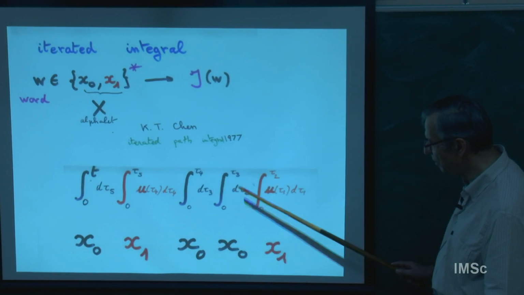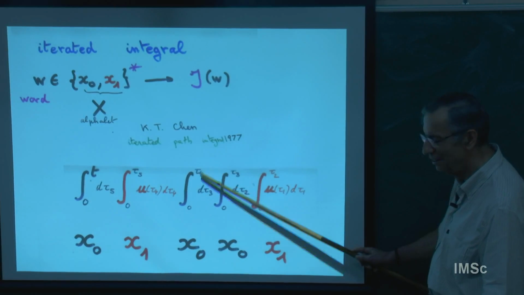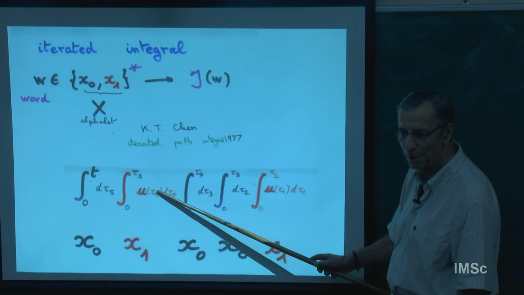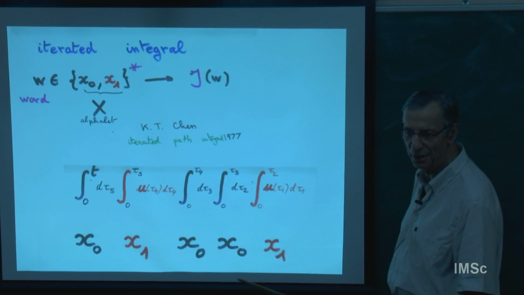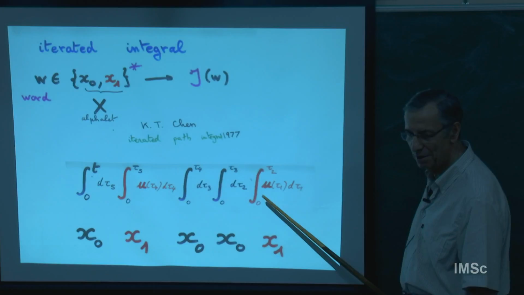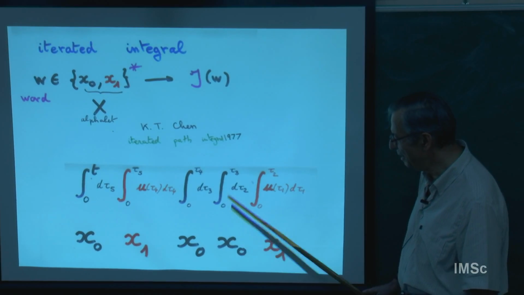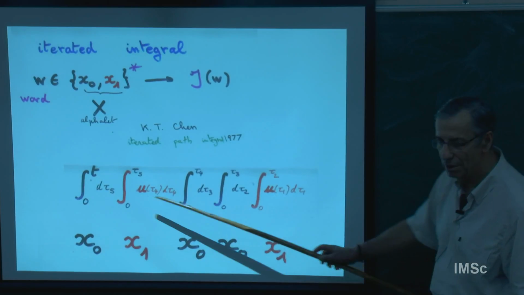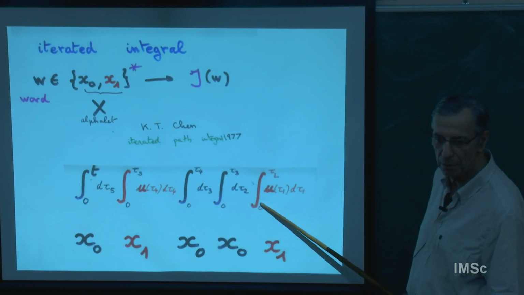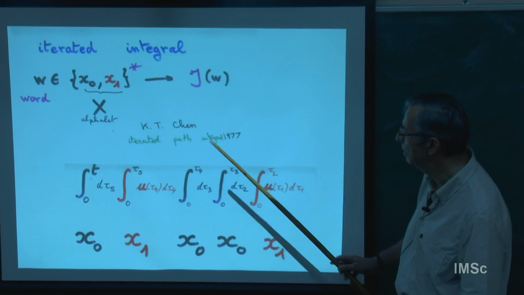Each time I have x0, I just integrate. Integrate, x1, multiply by u, and integrate. So it's a succession of integrations, an iterated integral. When there are red letters, you put the u. When there are black letters, you just integrate. So for each word you have a certain function, a functional in u, and then you take the sum.